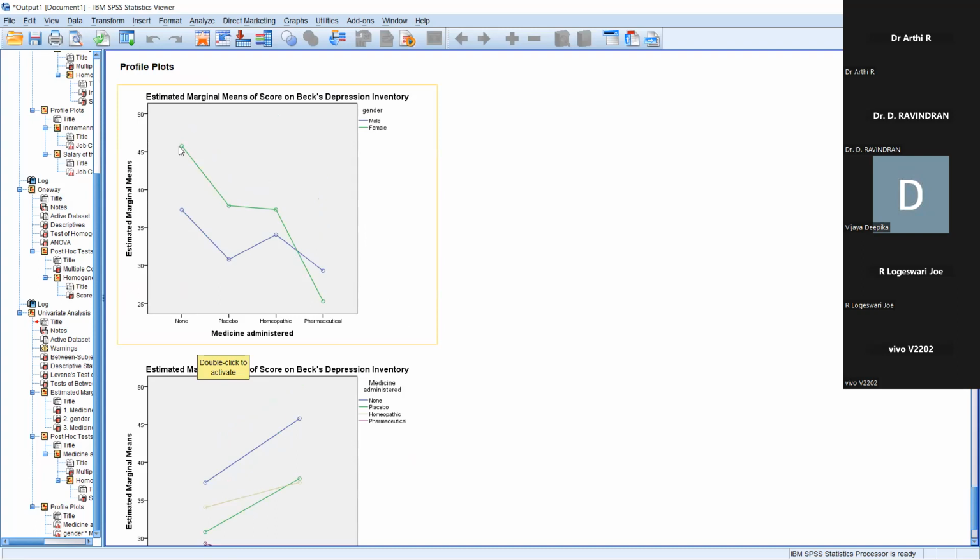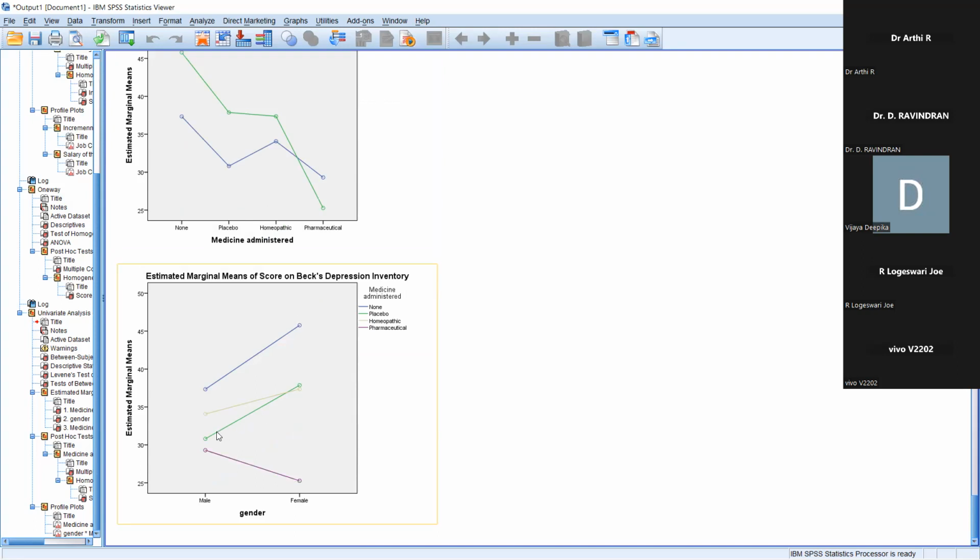So you find the depression score 45 for none, or more than 45 for none. And for pharmaceutical, it is coming as low as 25. So you find the difference between the different treatments. You also find the difference between the different genders with regard to the depression score. So like this, you have to interpret the table.